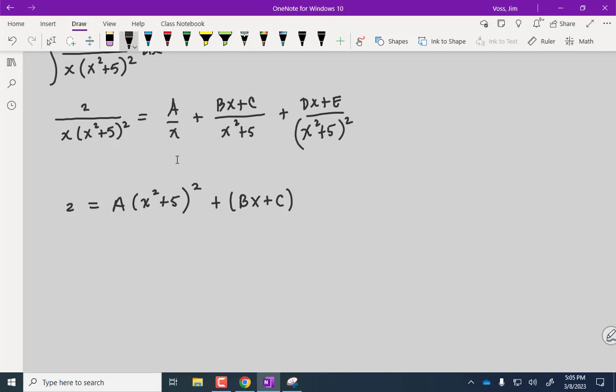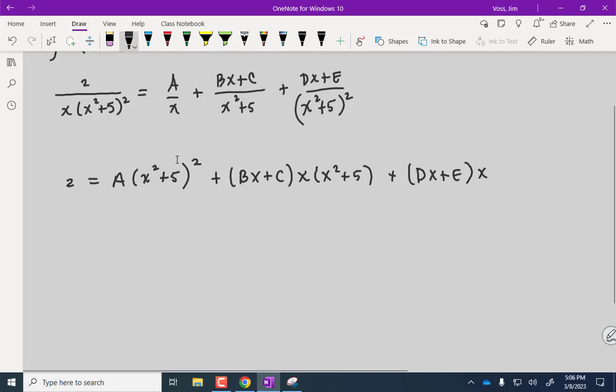So then when we multiply across this one, we have an x and 1 x squared plus 5. One of them cancels. And then over here, both x squared plus 5s cancel, and we just have an x. So dx plus e multiplied by x. Now with irreducible quadratics, it makes more sense to go the traditional method than the convenient value method.